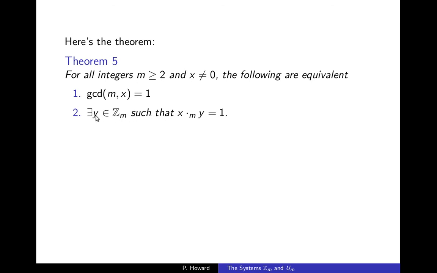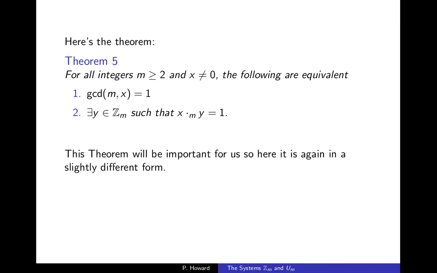Number 2 says there's some y in Z sub m, which when multiplied by x using times sub m gives you a 1. So this is the theorem. This is going to be fairly important for us.